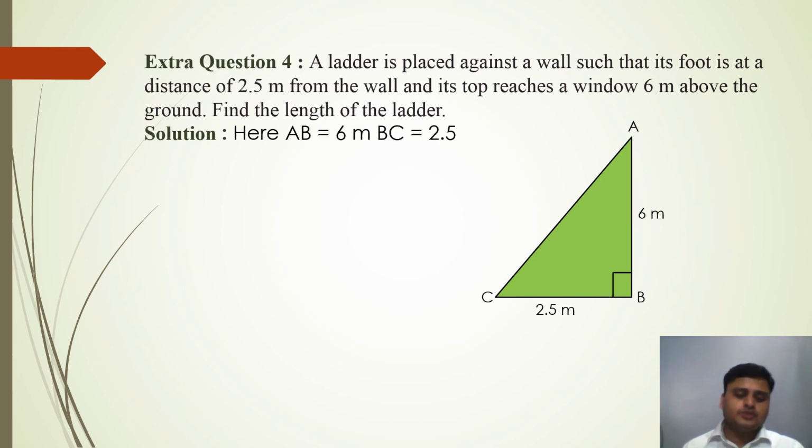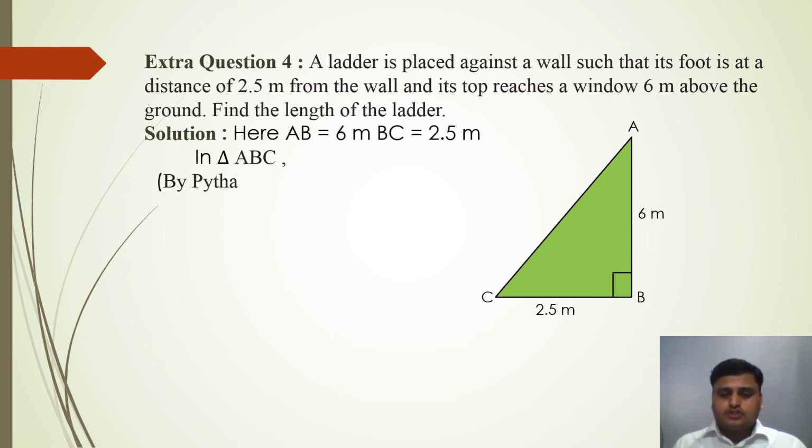Now in triangle ABC we are going to use the Pythagoras theorem. Which type of triangle is it? Right angle triangle, so we can easily use the Pythagoras theorem. And this Pythagoras theorem states that square of hypotenuse is equal to sum of squares of other two sides, that is AC square is equal to AB square plus BC square.